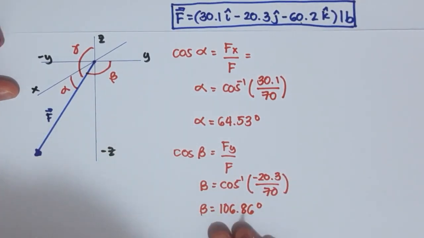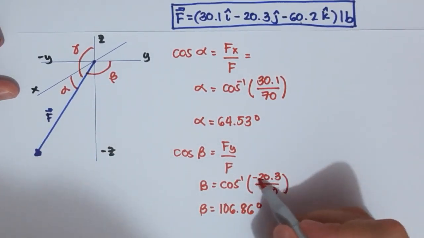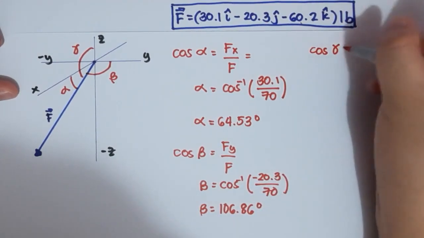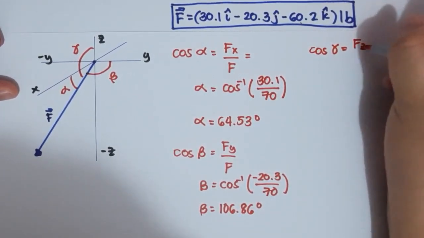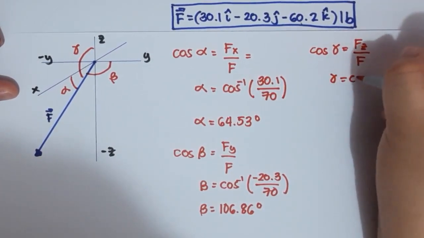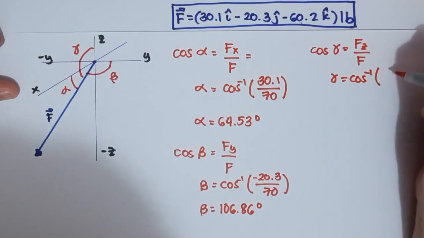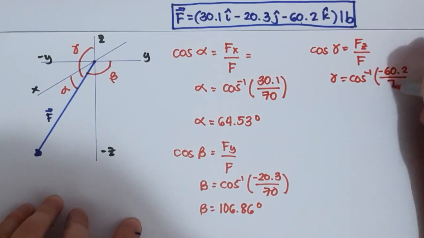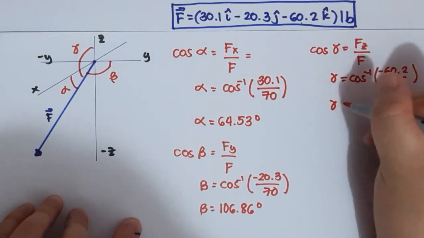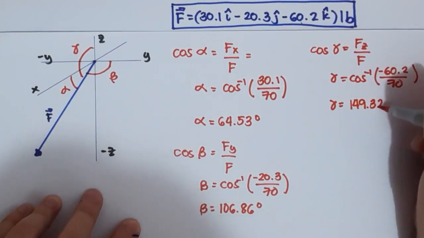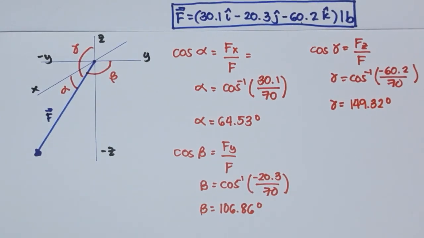Okay, so we have a higher value here because our fy is negative. So for gamma, cosine gamma is equal to fz over f. So gamma is equal to arccosine of negative 60.2 divided by 70. So that is 149.32 degrees. So this is how to solve the Cartesian vector using the position vector.